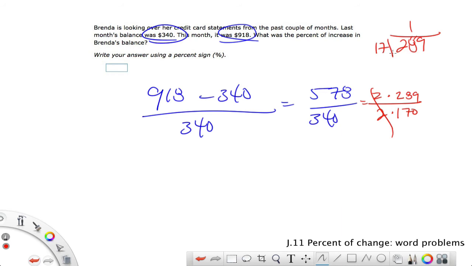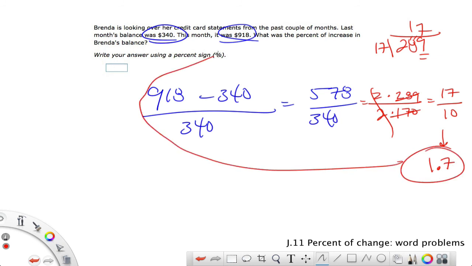So if we back this off, I know for it to end in 9, the only thing that 7 multiplies to end in 9 is 7. So in this case, we get 17, and if we factor out 17 from this one, we get 10, which is 1.7. And when we convert that to a percentage, we get 170%.